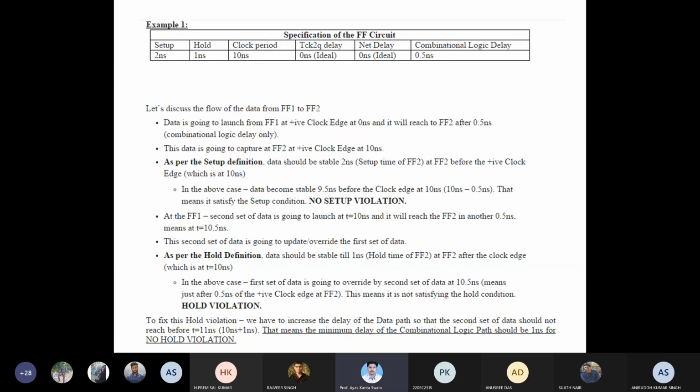Take 2 minutes and let me know whether this circuit has a setup violation or not. Though it is showing in bold, it is not having a setup violation, but it is having a hold violation. Now you will see how to minimize these hold violations.